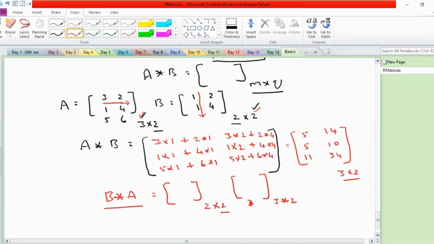So the definition is this N should be equal to P. This is not matching. So B into A, that means matrix multiplication between B and A matrix, is not possible. Meaning AB not necessarily should be equal to BA. Please remember.